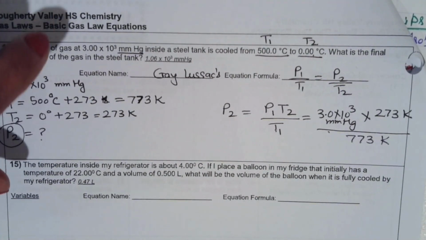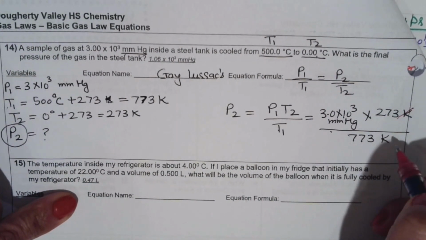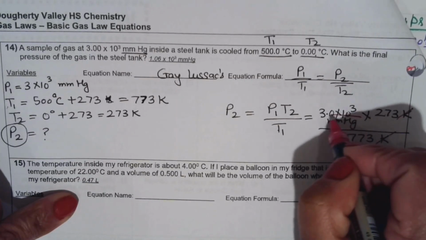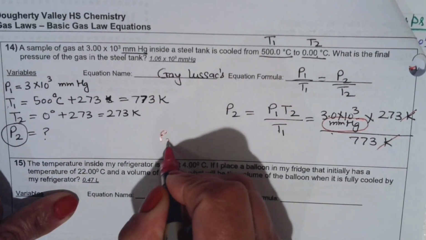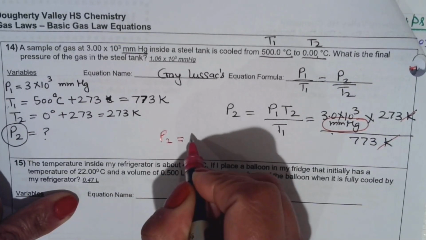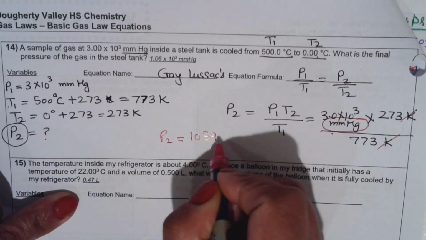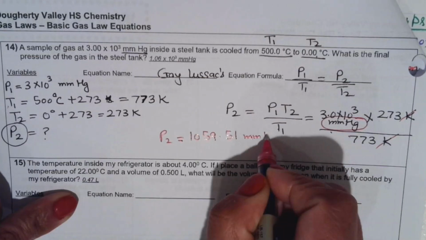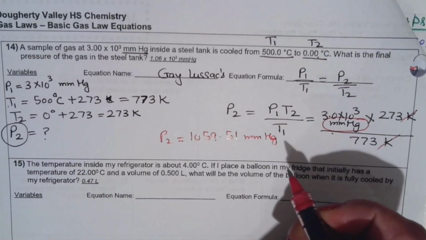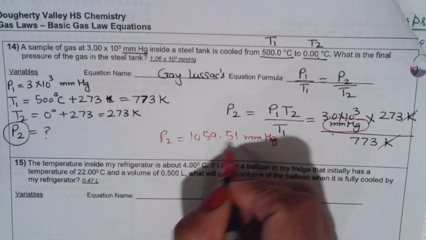Now you can cancel out the units. So Kelvin and Kelvin cancel out and you are left with mm of Hg. When you solve, you get pressure 2. The new pressure comes out to be 1059.51 mmHg, right? Now you can convert that into scientific notation, right?